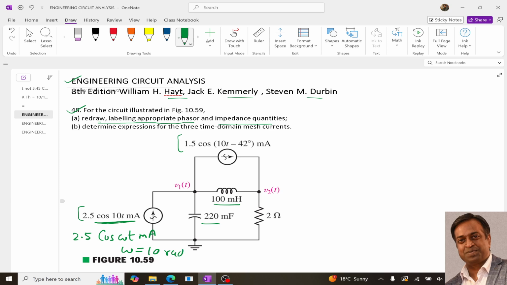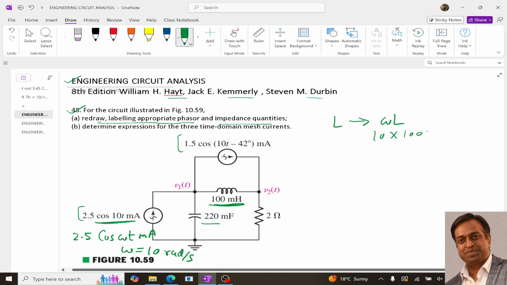10 radian per second. Now once we get the value of omega, we know that if we have the inductance L, the impedance will be expressed as omega L. So substituting the value of omega and L, omega is 10, L is 100 milli Henry.